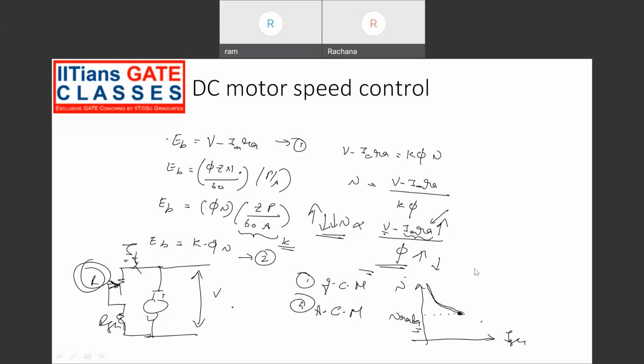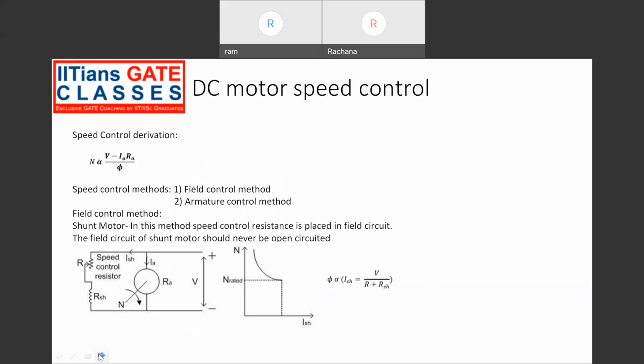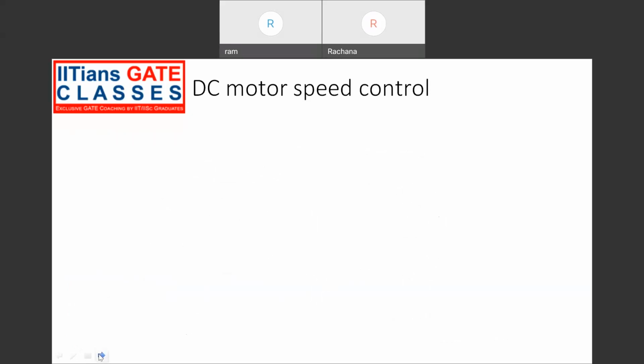Go to the next, series motor speed control. This is what we have discussed earlier. We will talk about the series motor.